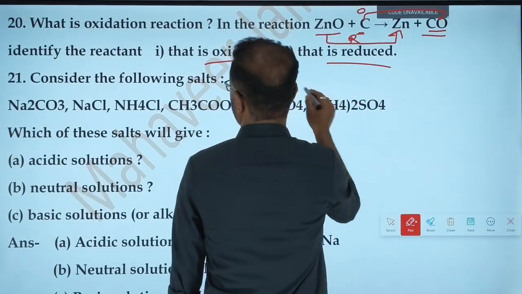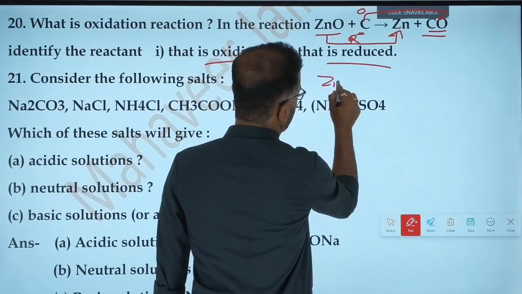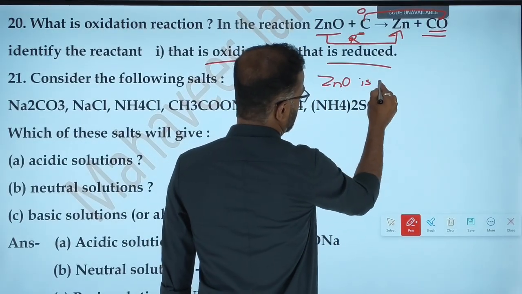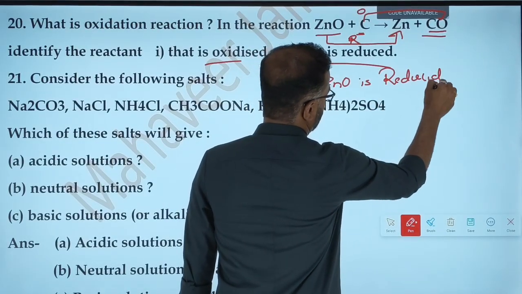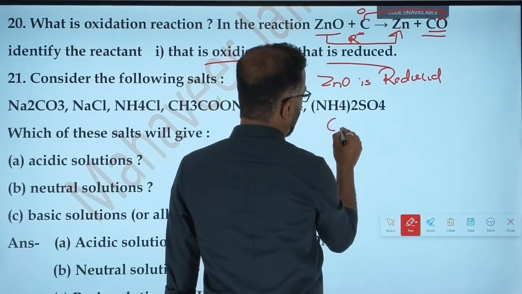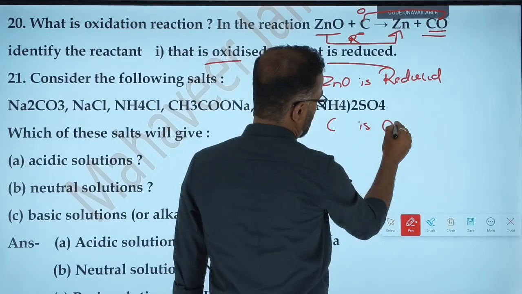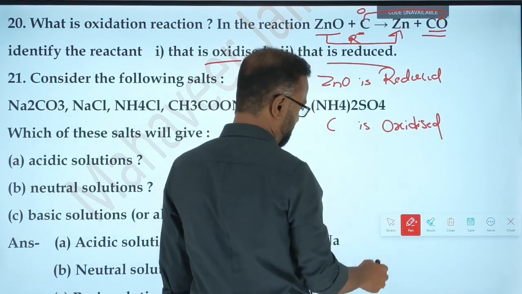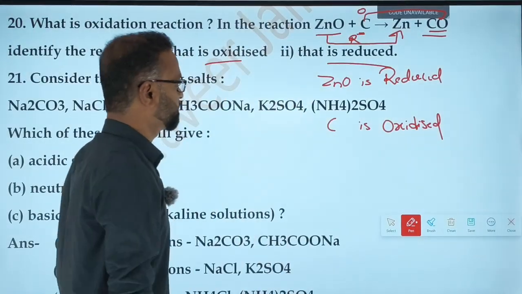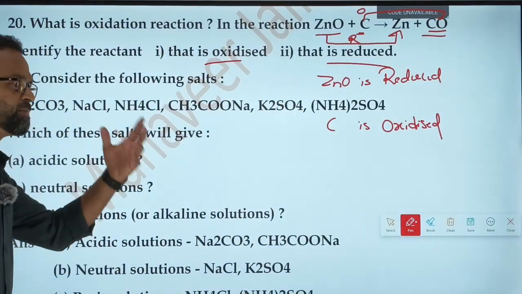We should write properly. What? Zinc oxide is reduced and carbon is oxidized. Write it properly. Remember. Hope this is clear. Fine. Let them give you any example.